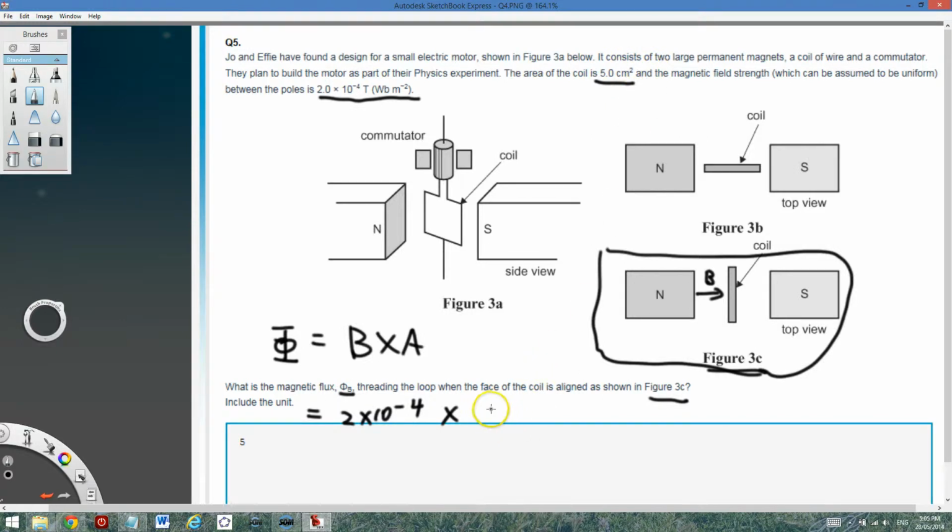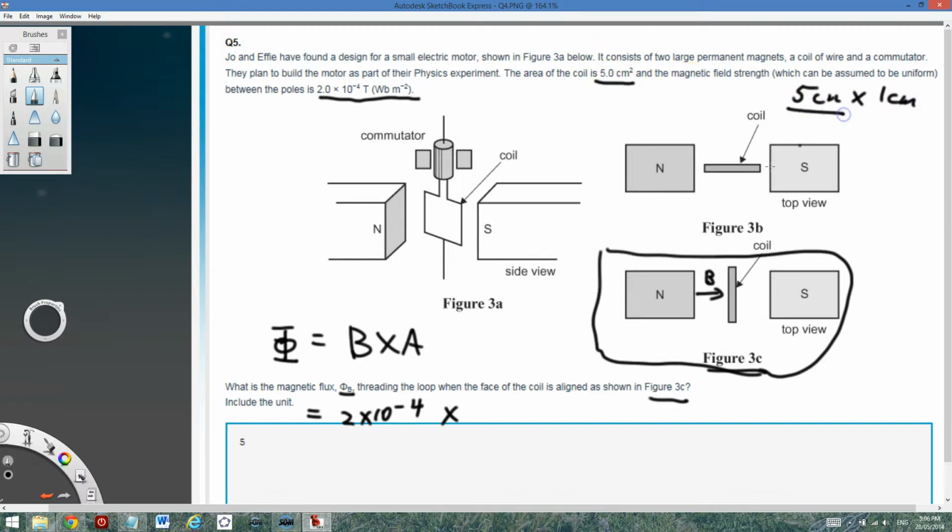Now if you're really confused, like me, about how to change centimeter square to meter square, let's do this. 5 centimeters times 1 centimeter gives me 5 centimeters square.